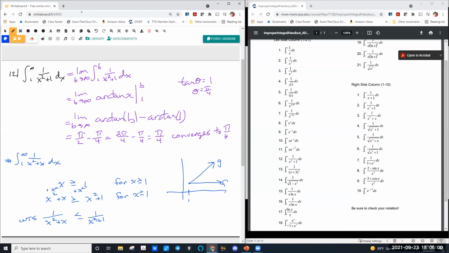Then we know that taking the reciprocal of both sides flips the inequality. We get the inequality we want to show. So the integral from 1 to infinity of 1 over x squared plus x dx converges, because we compared it to a convergent, by comparison test.